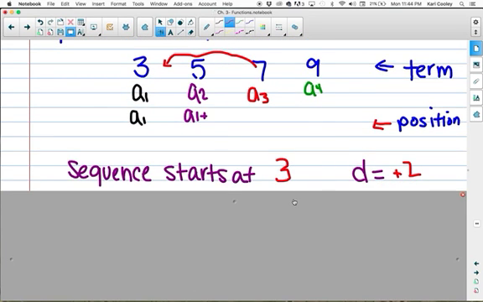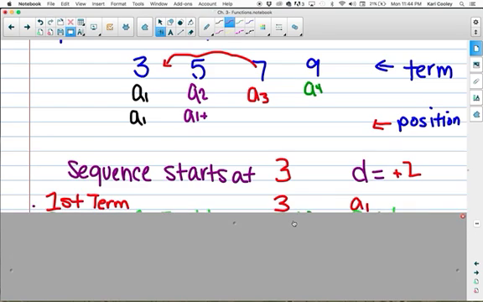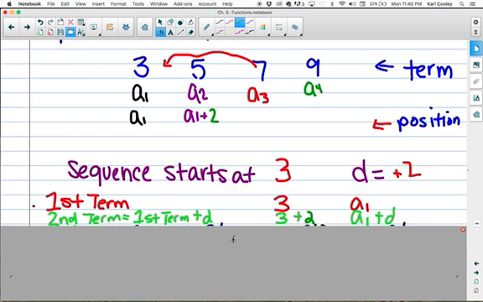Now we're going to take a look at an approach to this. Our first term, as we talked about, is the number 3, which is my A1 label. My second term, as we discussed, is that A1 label plus my common difference of 2. So my second term is simply my first term plus D. Again, my third term, I could say it's the second term and then another plus 2.